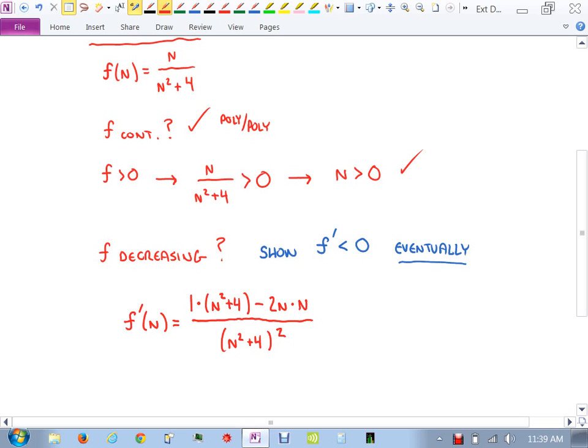Questions? Let's clean up the top. We get what? N squared plus 4 minus 2n squared, which is really negative n squared, right? Can I write it this way? 4 minus n squared? Is that all right?